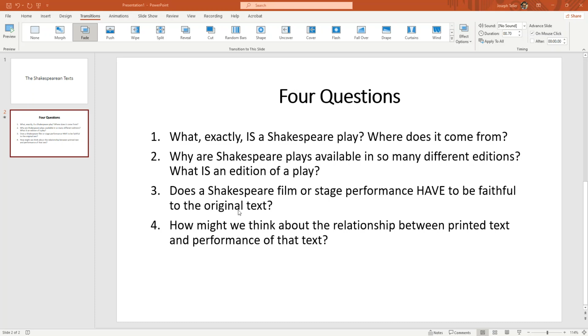So there's really good evidence for that, which means that this question is actually a very difficult one, because what would it mean to be faithful to the original text if Shakespeare himself felt free to adapt and revise and change plays to suit the occasion and to suit the audience?